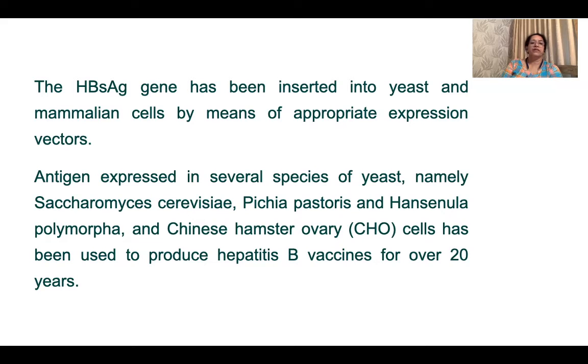Insertion of the HBs surface antigen gene into yeast like Saccharomyces cerevisiae, Pichia pastoris and Hansenula polymorpha. Mammalian cells can be used for this, for example Chinese hamster ovary CHO cells, and by means of appropriate expression vector they are administered, and afterward production of a hepatitis B vaccine, and this one for over 20 years was carried out.